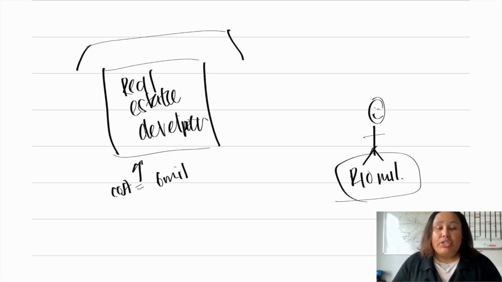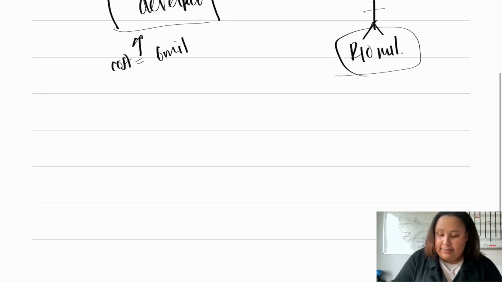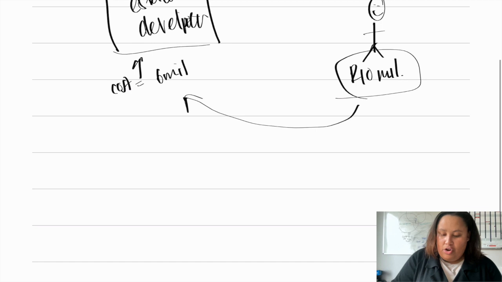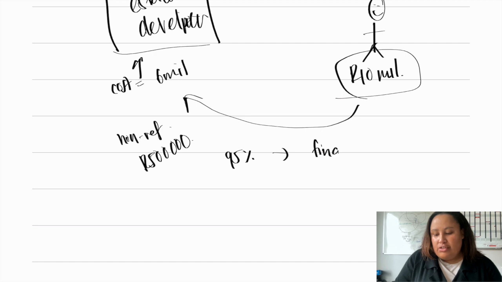Now, in terms of the contractual agreement between the customer and the developer, the customer is paying upfront a non-refundable deposit of, let's say, 500,000, and the remaining 95% is paid in installments over a number of years.